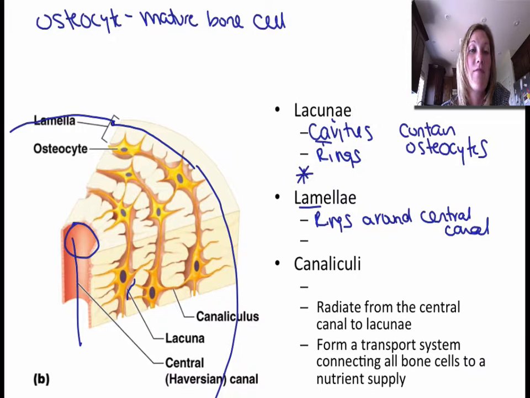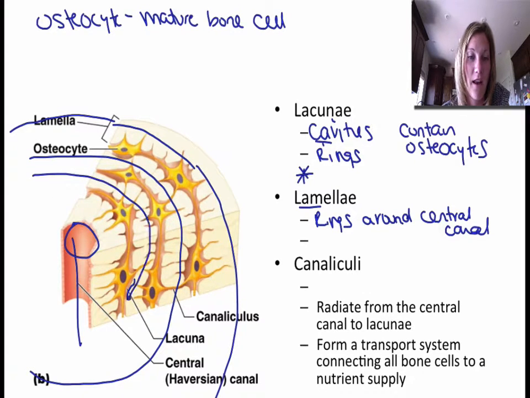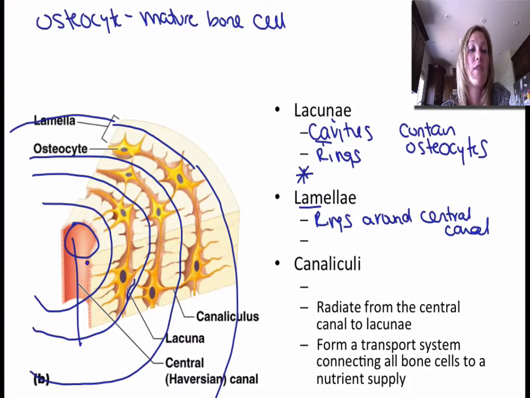The lamellae are going to be these concentric rings. So this is another lamellae, this is another one, and then this would be another one. Okay, so in the center we have the central canal. The lamellae are each ring, and then the cavities are the lacunae.